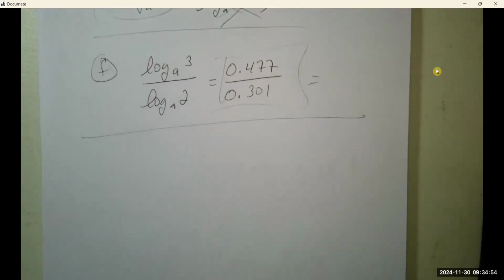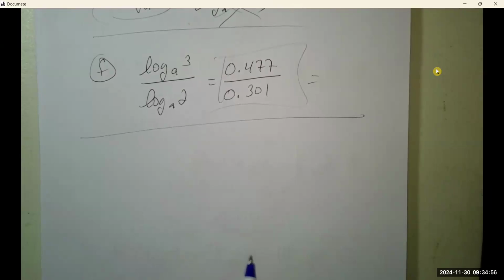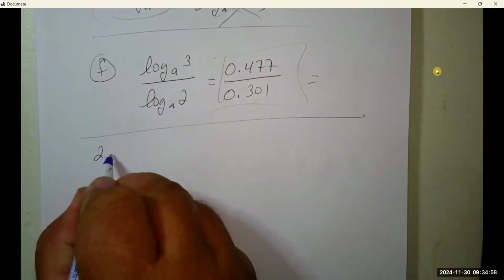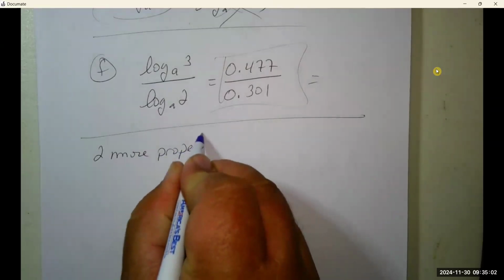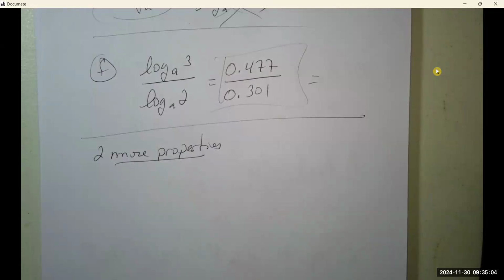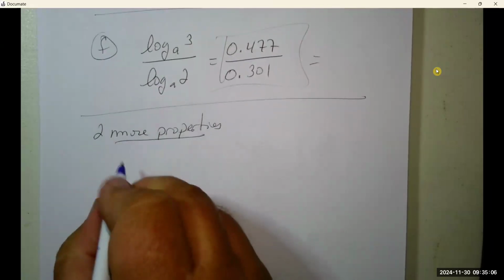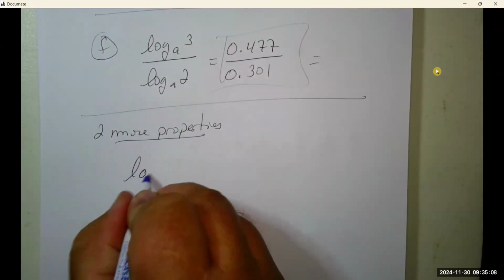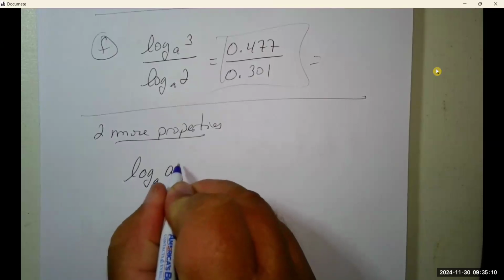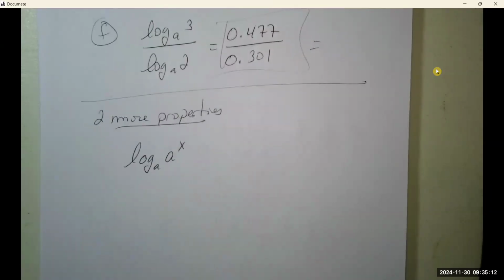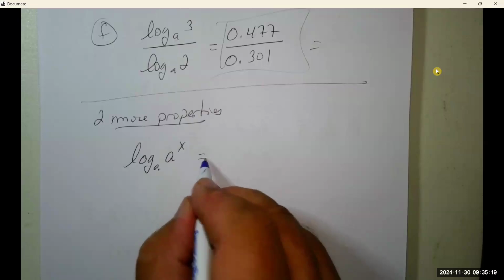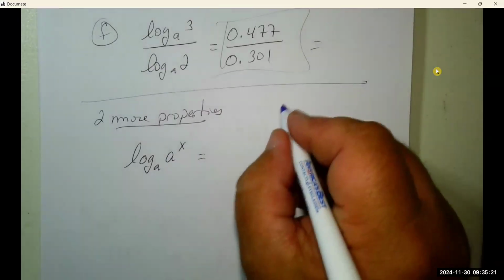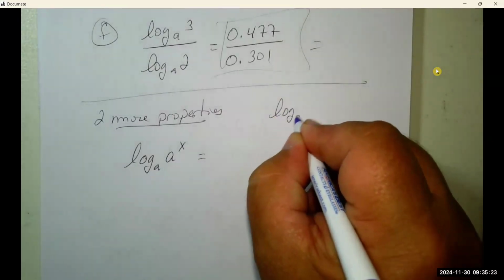So far, so good. We have two more properties. The first one, log base a of a to the power x. Whenever you have the same base and the same base, well, we talked about it first.